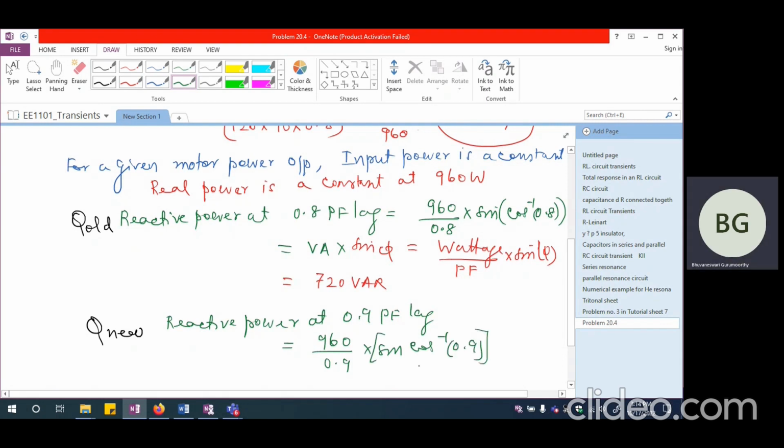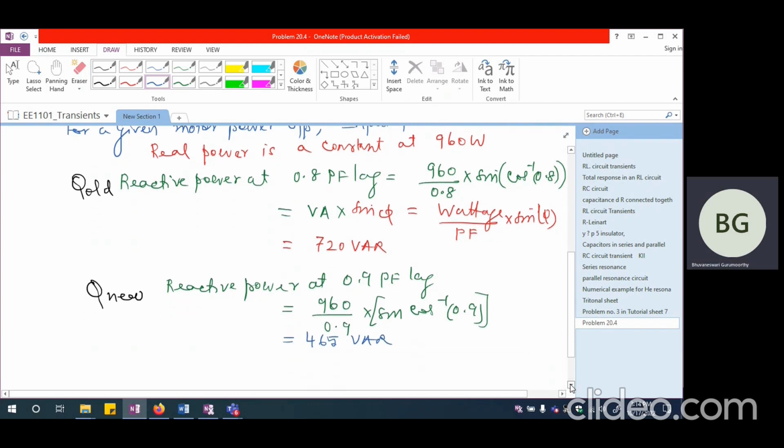This will be the reactive power when the power factor is 0.9. So this comes out to be 464.95. So this is about 465 VAR.